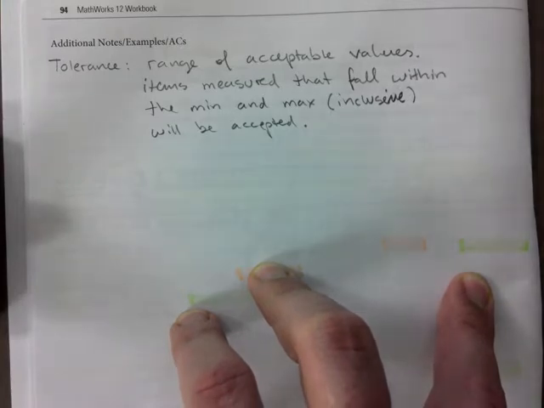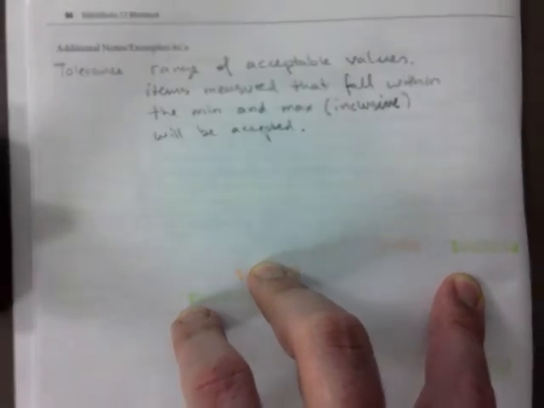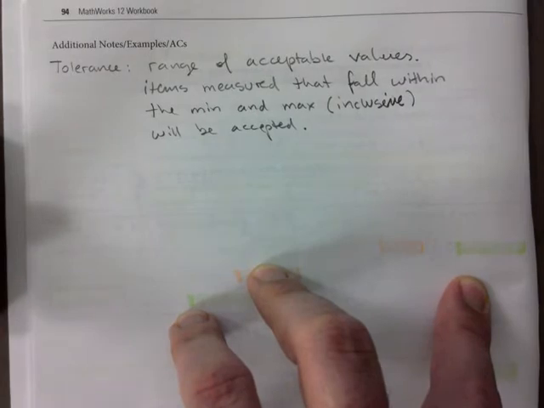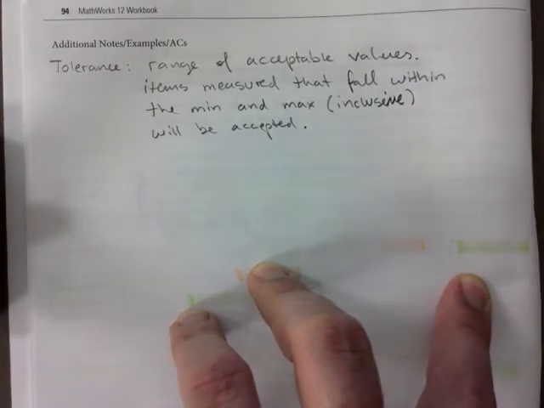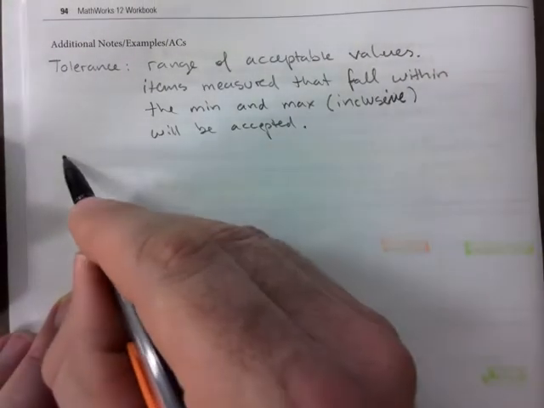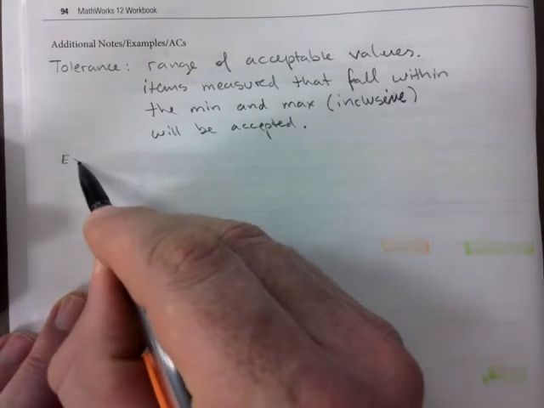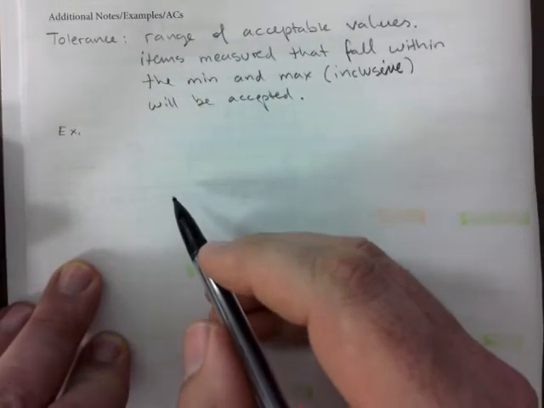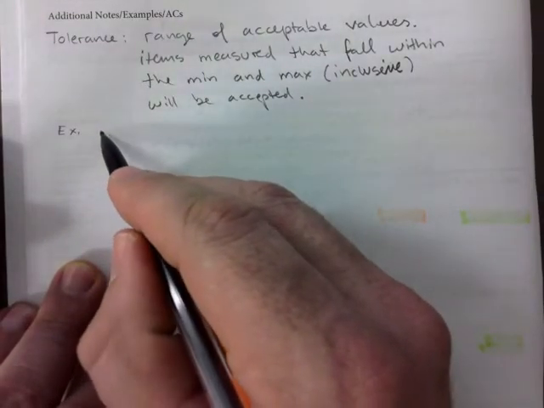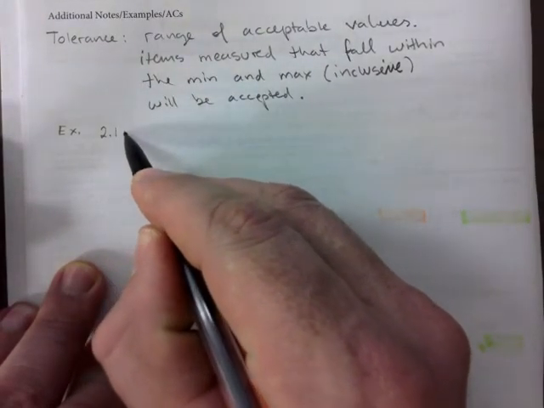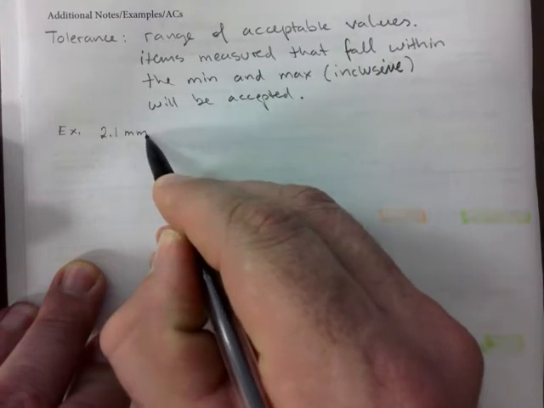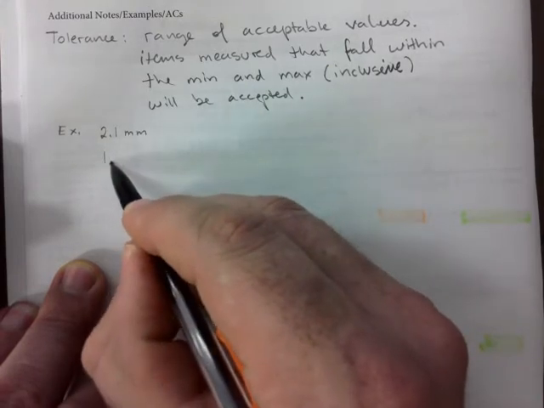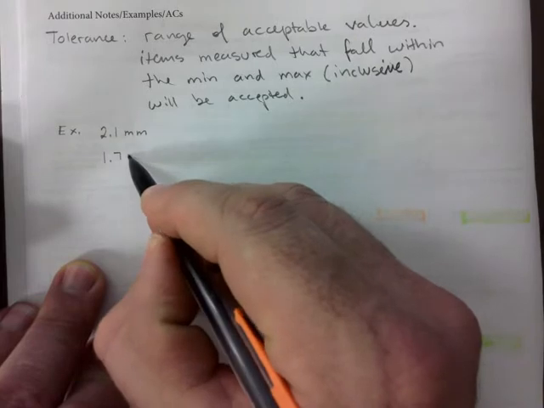Let me just focus one more time, it seems a little blurry to me. So example, let's say it doesn't matter what industry, let's say we're making washers for bowls, right?